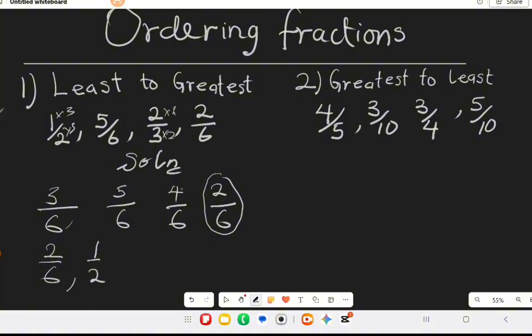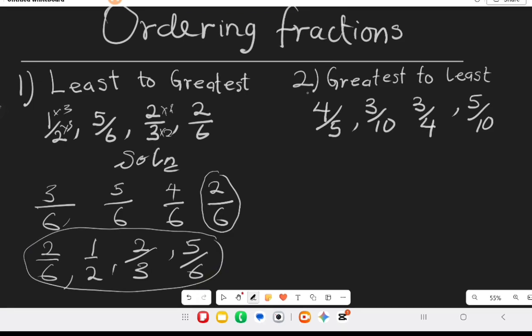The next one is 4 over 6, which retaining the original fraction is 2 over 3. And the last one is 5 over 6. This is the final answer.